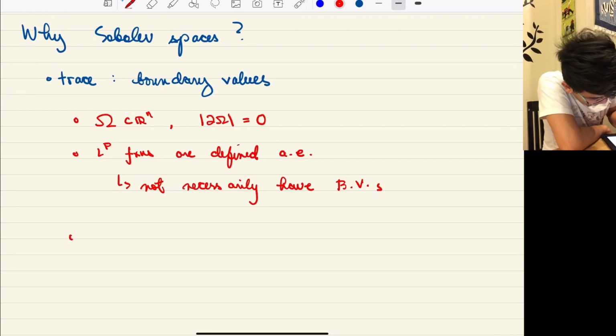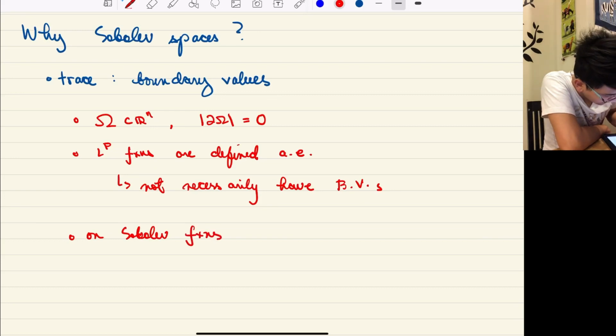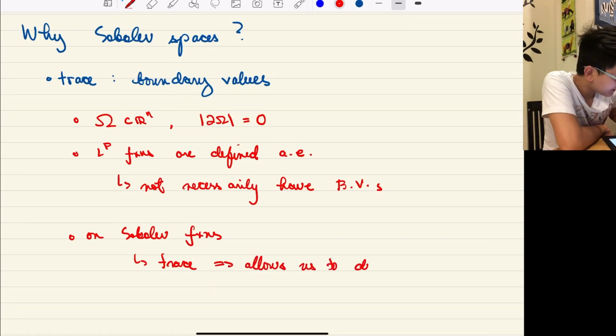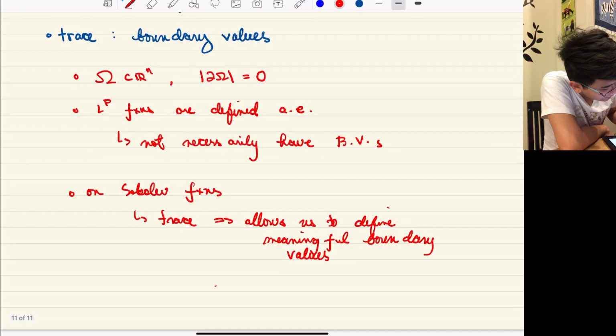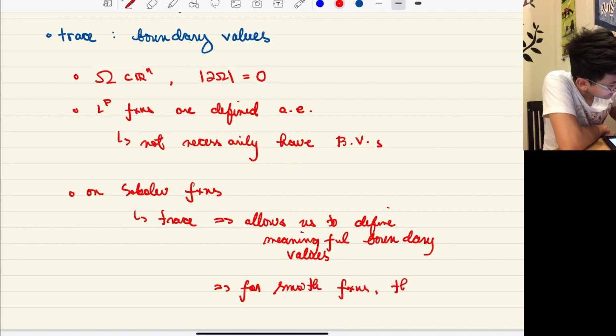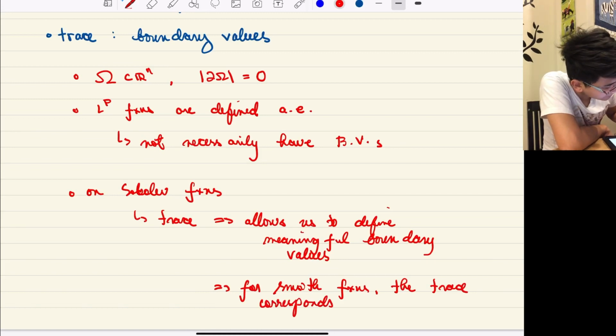So on Sobolev functions, the trace allows us to define meaningful boundary values. And in fact, for smooth functions, the trace corresponds exactly to the boundary values.